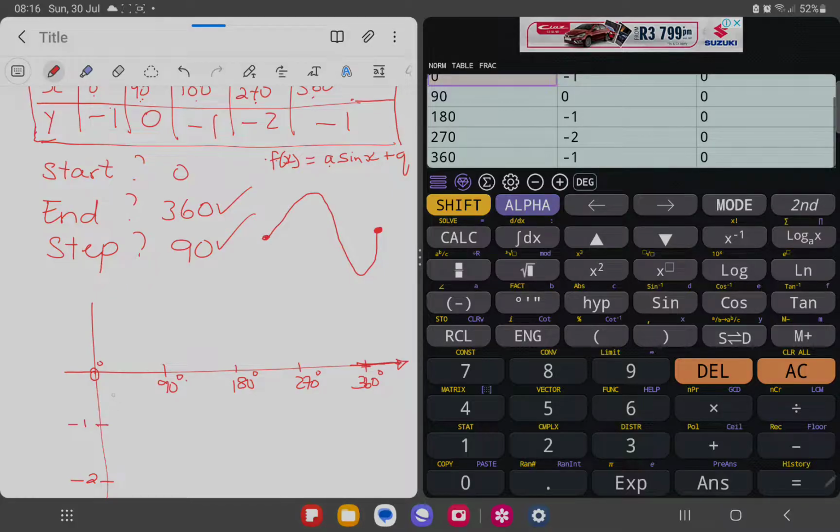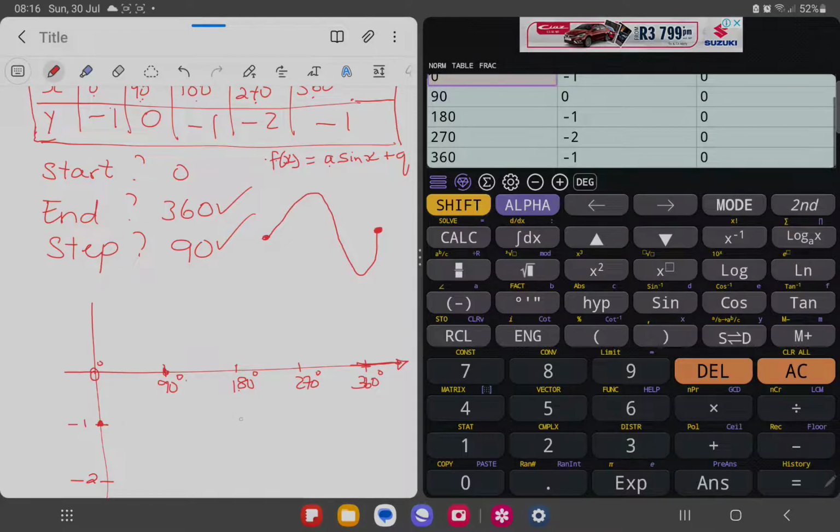Then you first plot the points using the points that you've got on the table. So it says when x is 0, y is -1. So this is the first point. When x is 90, y is 0. When x is 180, y is -1.